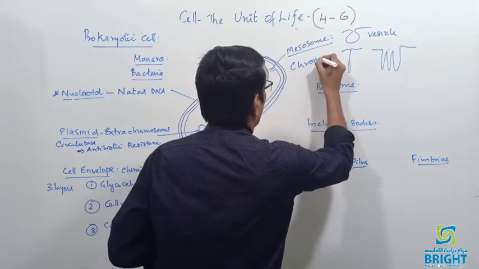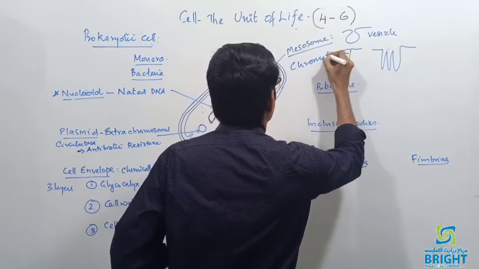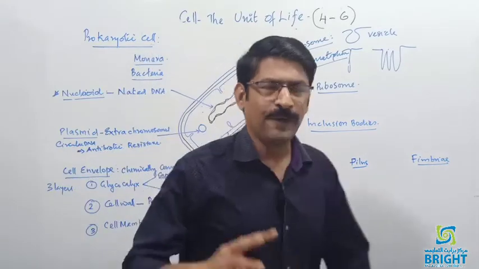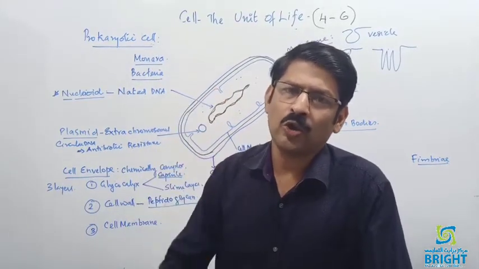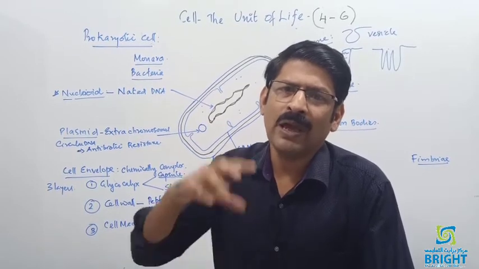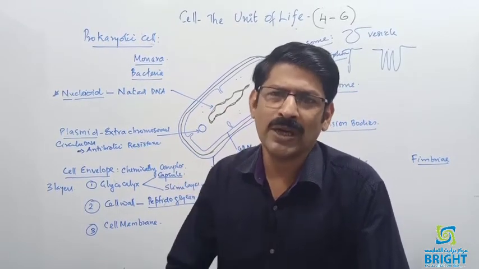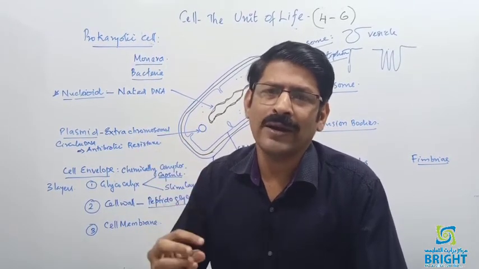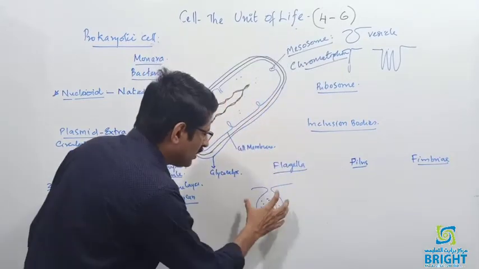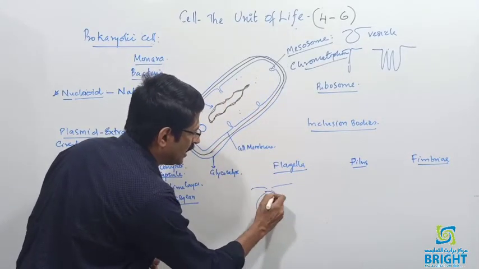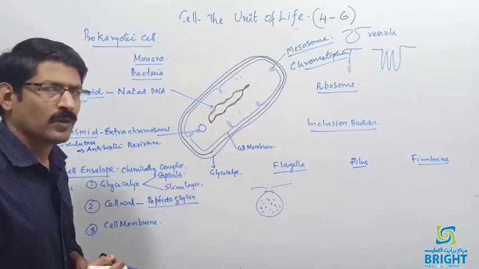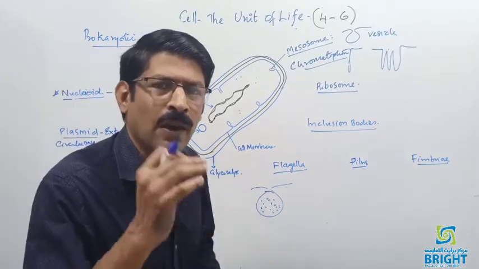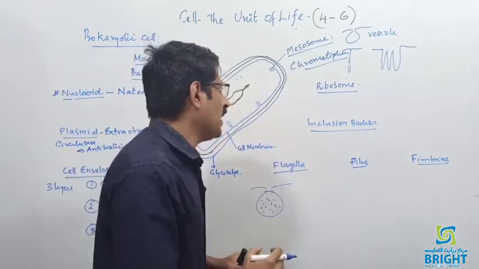So mesosomes are invaginations of the plasma membrane, and they may be of three different shapes: vesicular, tubular, or lamellar, and they perform various metabolic activities. And cytoevolutionists consider mesosomes the forerunner of cell organelles, because from this structure cell organelles may have originated by joining the cell membrane. Mesosomes are the primitive structure of membrane bound cell organelles.